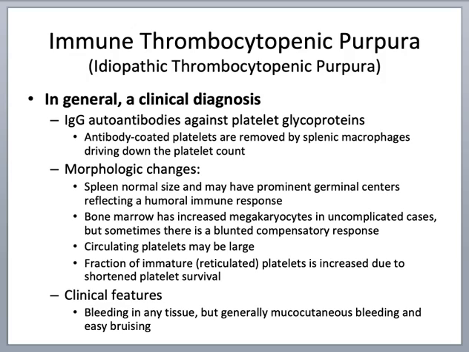Because the platelets are being kicked out of the marrow sooner, circulating platelets may be larger than normal, and this is reflected in the laboratory as a fraction of immature or reticulated platelets, and again, this is due to shortened platelet survival and increased transit in the marrow.